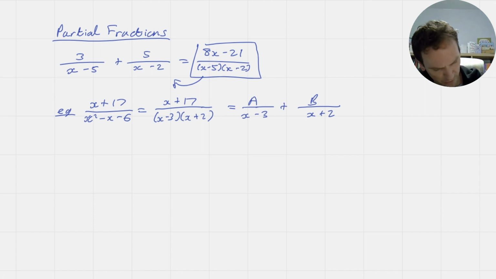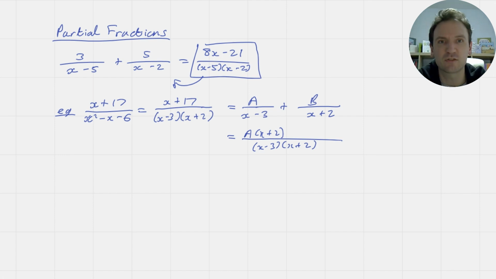How do we go about doing that? Let's use this as our starting point, and go back and get a common denominator. Turning it back into (x - 3)(x + 2), we're going to need A lots of x + 2, multiplying the top and bottom of that first fraction by x + 2, and then B lots of x - 3.